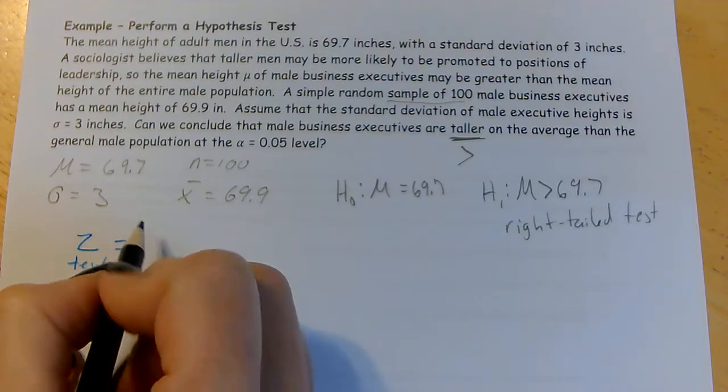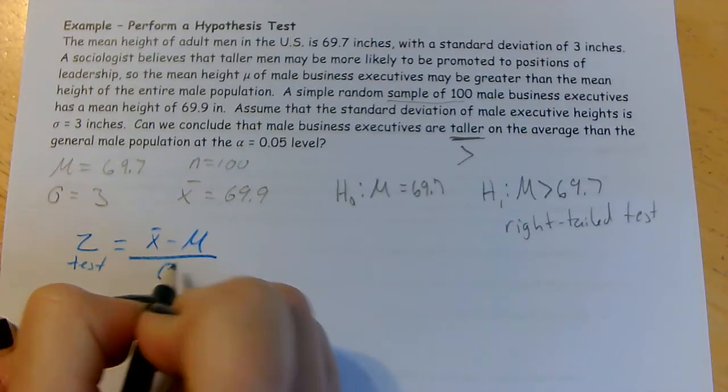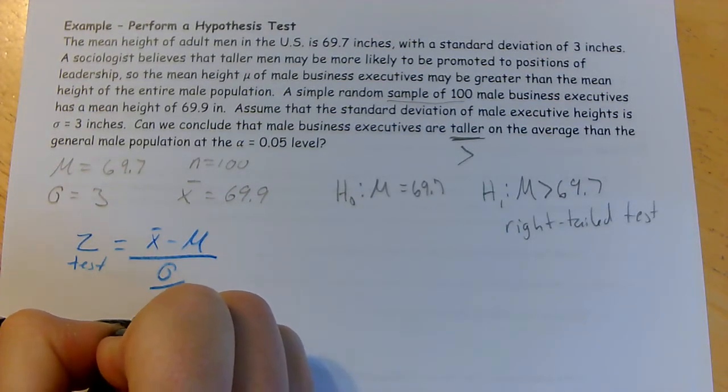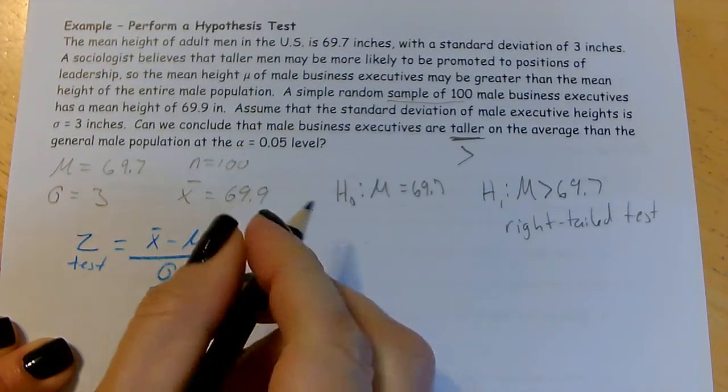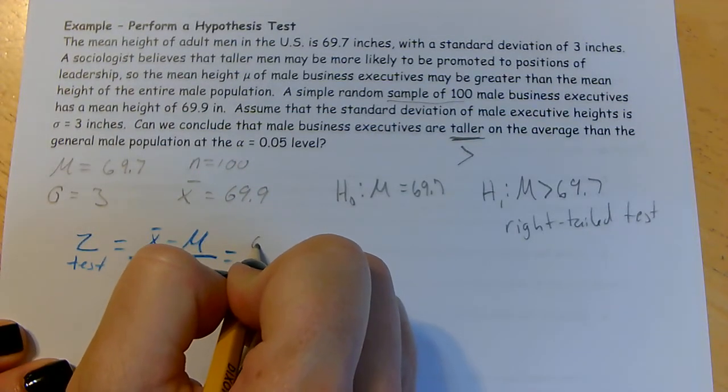Our test statistic is going to be the sample mean minus the population mean, divided by the standard deviation divided by the square root of the sample size. Let's plug those in.